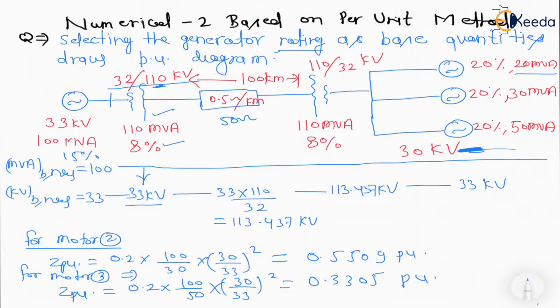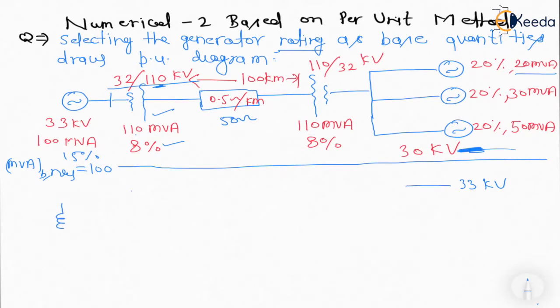Now we are going to represent the single line per unit diagram. First we draw the generator reactance, that was J 0.15, with voltage 1 pu, 33 upon 33, as you can calculate.